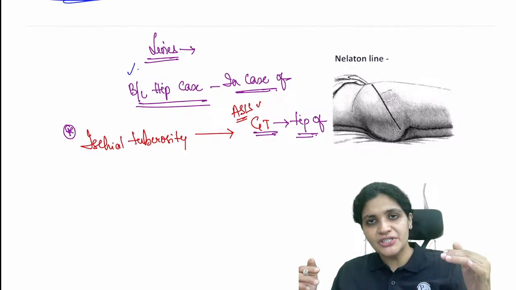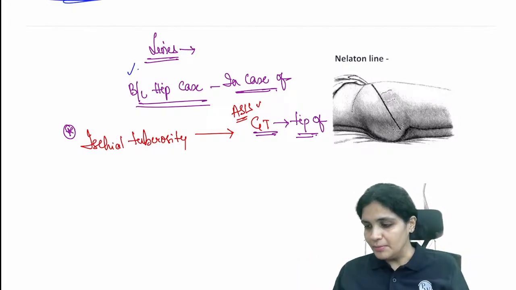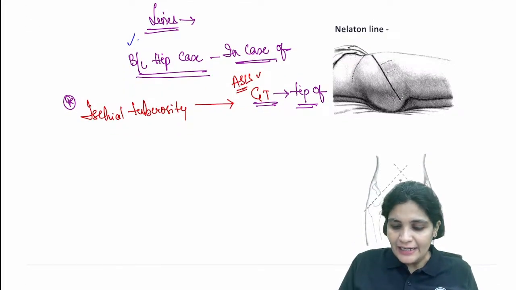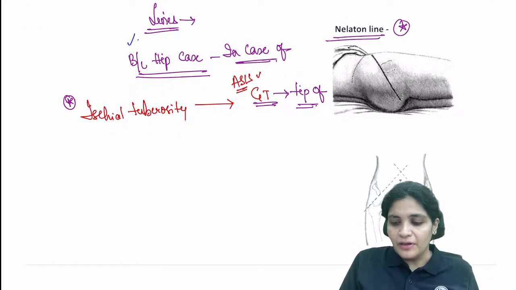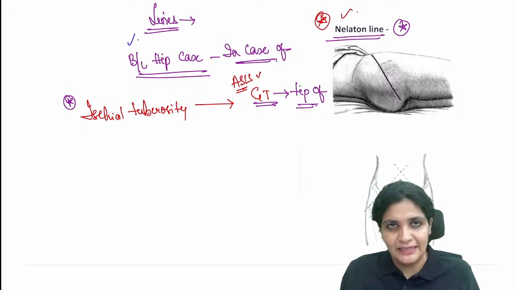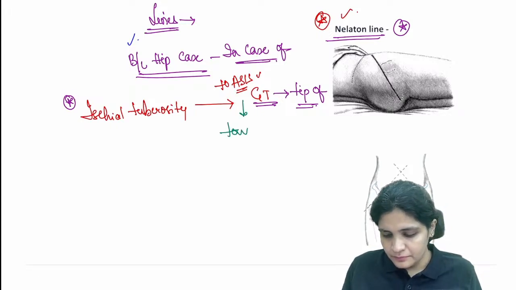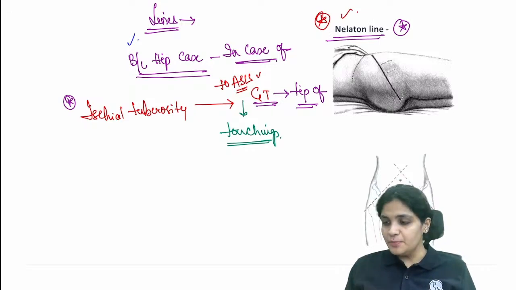If it is not passing through the tip of the GT, that means there is some proximal migration of the GT. So that is Nelaton's line. Very, very important. They will usually ask you in the viva: what is Nelaton's line?